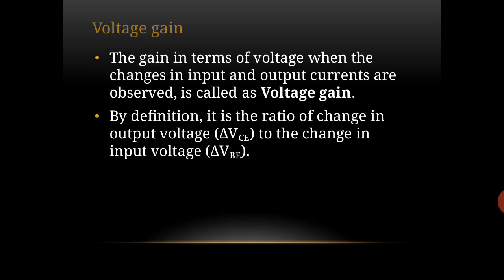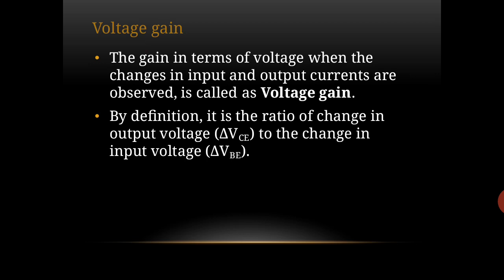Now the voltage gain. The gain in terms of voltage when the changes in input and output current are observed is called voltage gain. Let's see again. By definition, it is the ratio of change in output voltage to the change in input voltage.